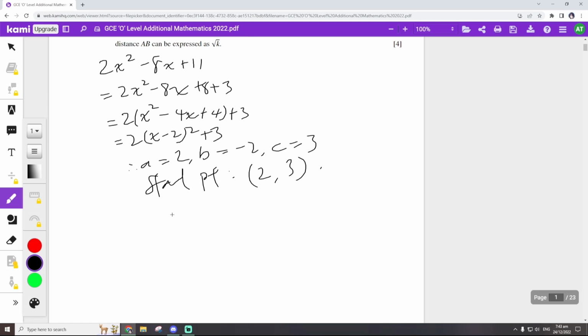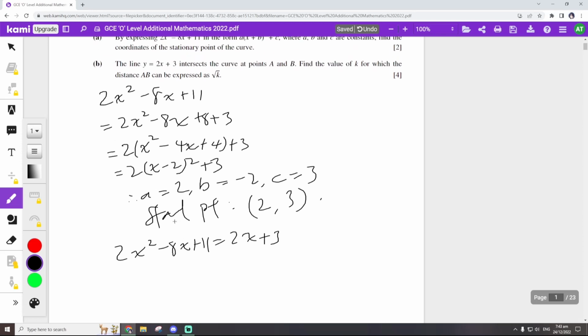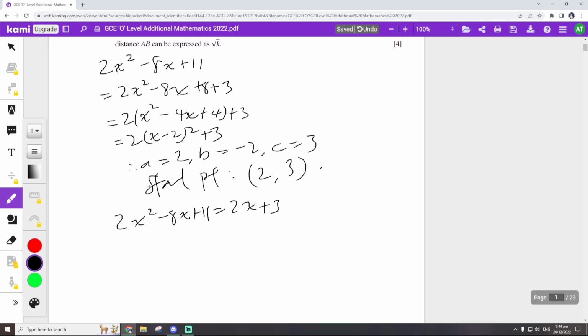Okay, so we have 2x squared minus 8x plus 11 equals 2x plus 3, is it? Yes, okay.